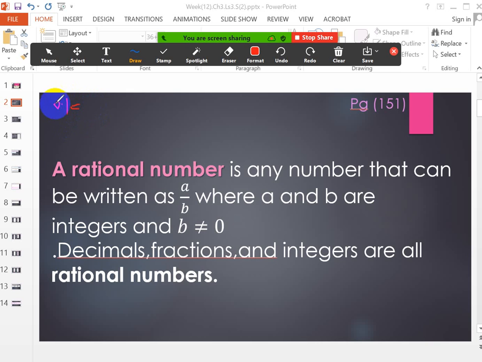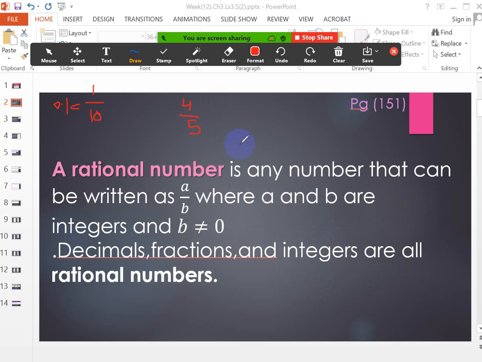Yes, of course. 0.1 as a decimal fraction is 1 over 10, right? So decimals I can write in A over B form. That means this is a rational number. Fractions, like 4 over 5, are rational numbers. Integers, as we learned last lesson, are rational numbers.